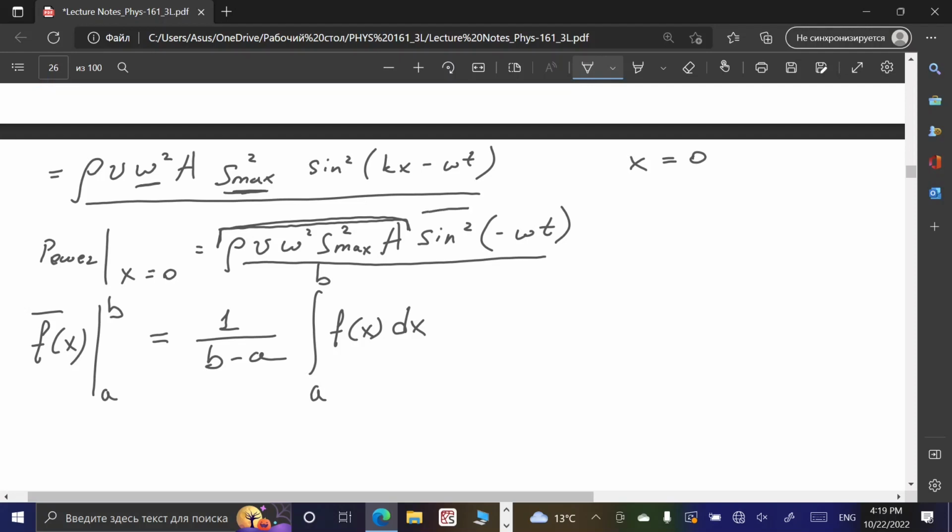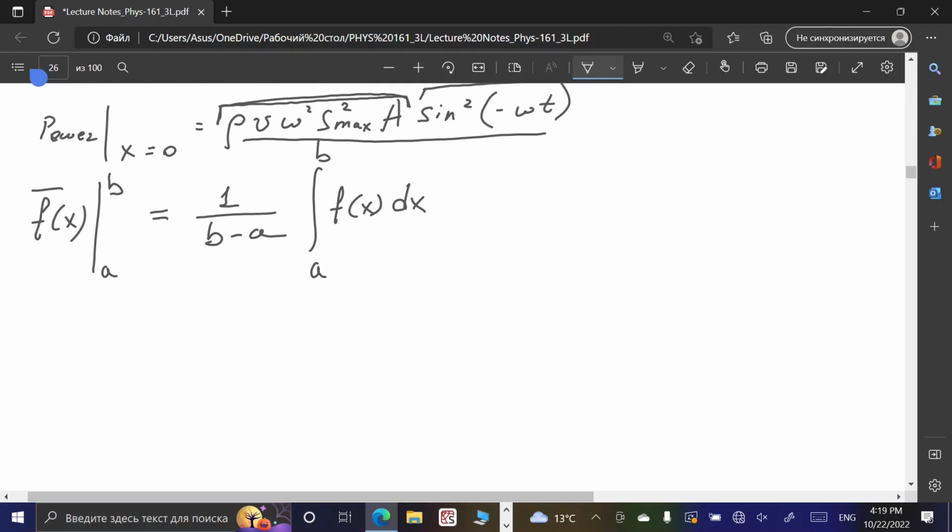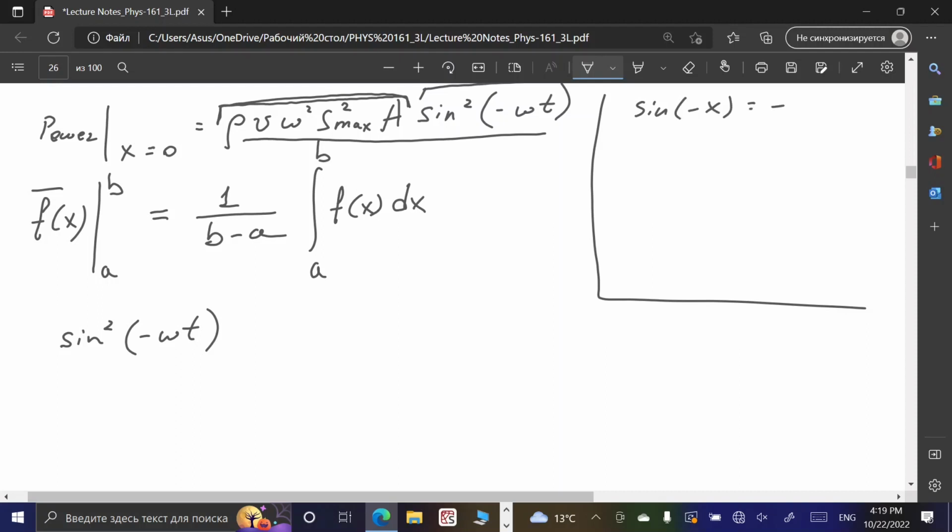What we do care about is this part, sine squared of minus omega t. So let us write it down here, sine squared of minus omega t. And here we can mention that sine of minus x will be equal to minus sine x, and sine squared of minus x will be equal to sine squared x.